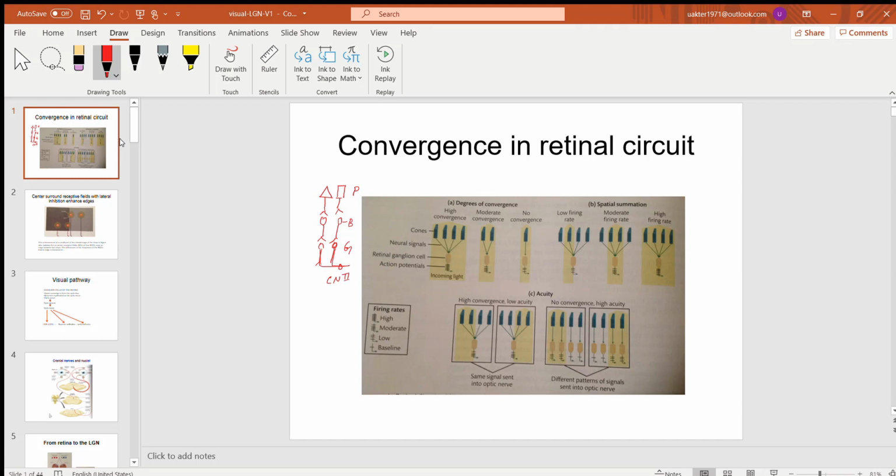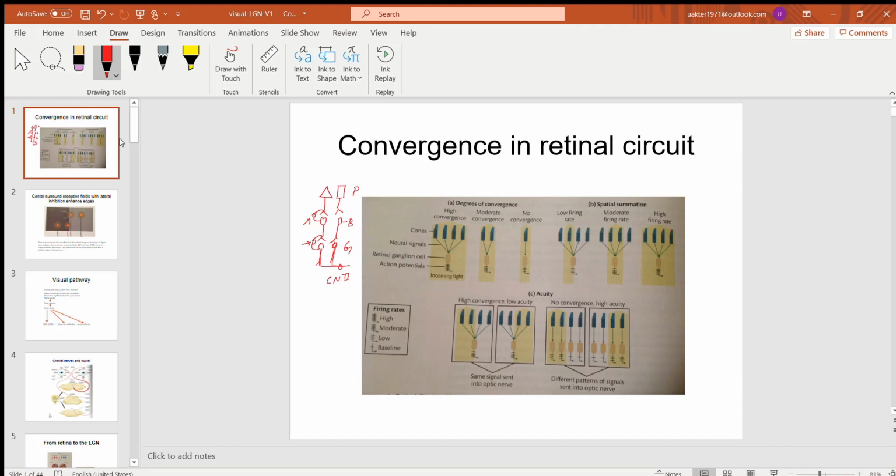However, I did not show you what kind of connectivity could be present between these cells. Although I showed you the horizontal cells and amacrine cells, those are the cells that modulate the signal transmission in the retina.